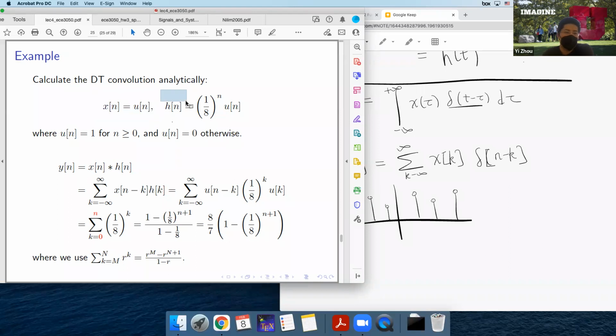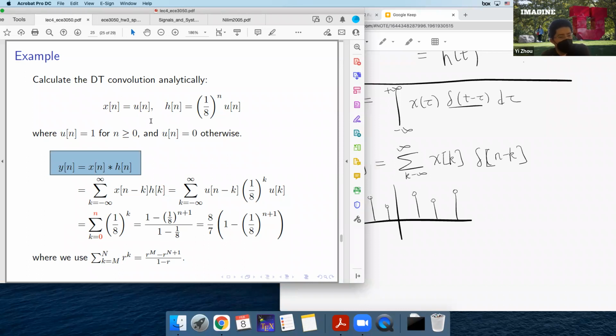And for the discrete LTI system, the impulse response is given by such a discrete time signal, 1/8 to the power of n times u[n]. Okay, so we need to calculate the corresponding output for the LTI system. That is basically given by the discrete convolution between these two.